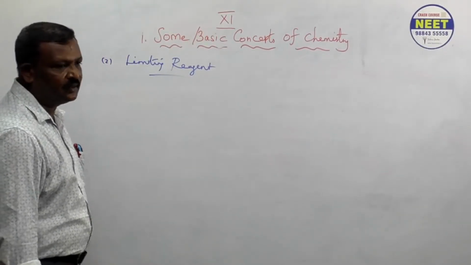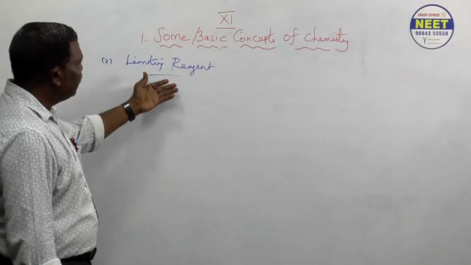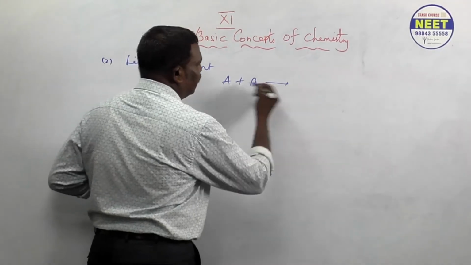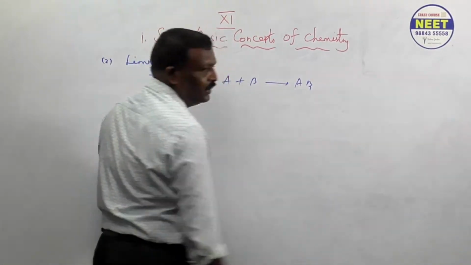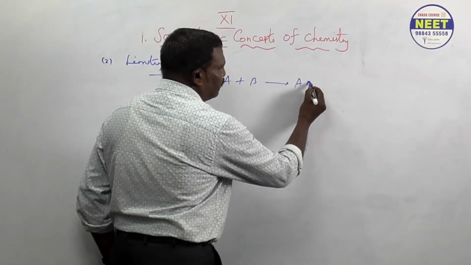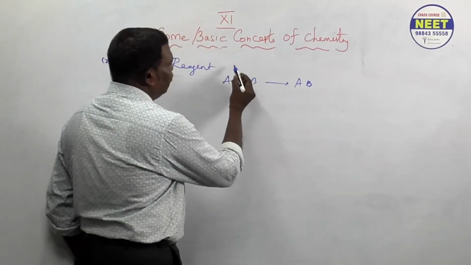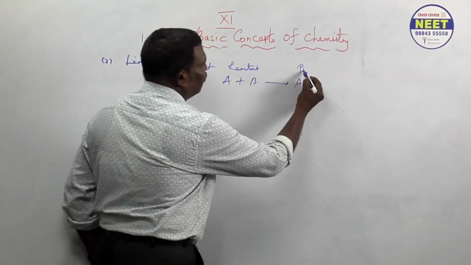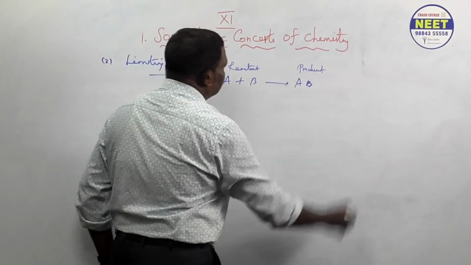What is limiting reagent? Whenever two reactants react together, suppose A and B react to form AB. AB is the product, and these are the reactants.